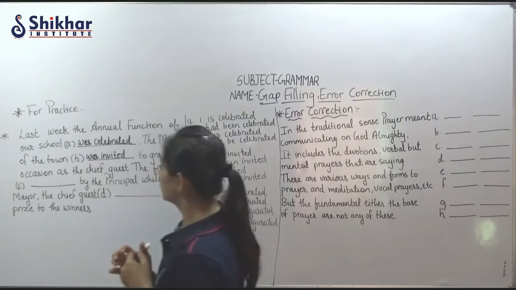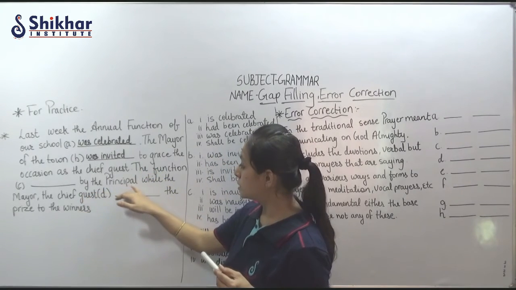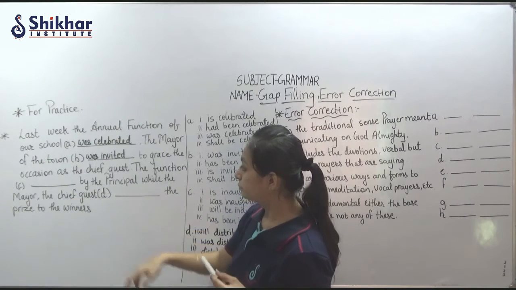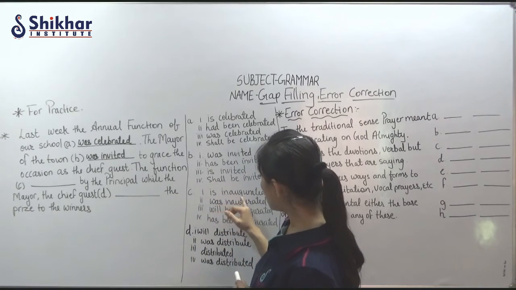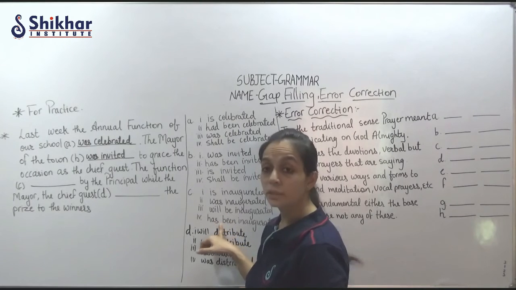Right. The function dash by the principal while the mayor the chief guest. So the function is inaugurated, was inaugurated, will be inaugurated or has been inaugurated.